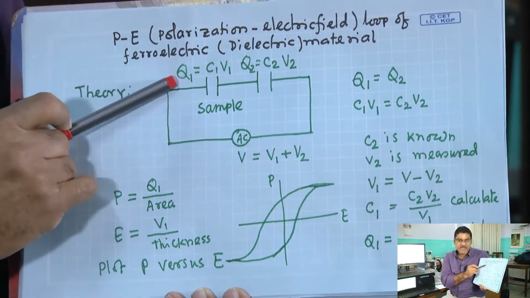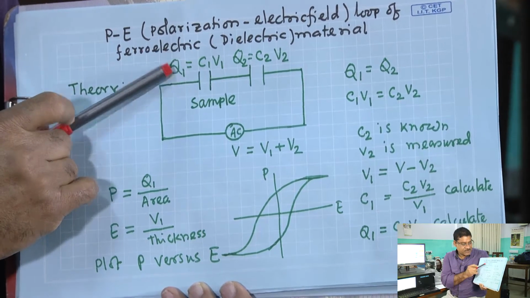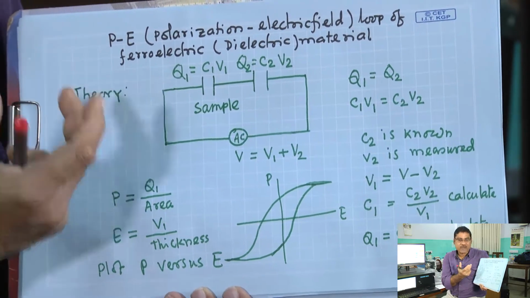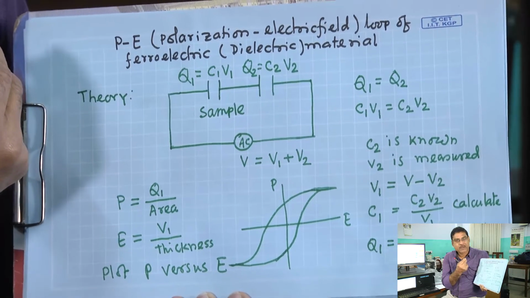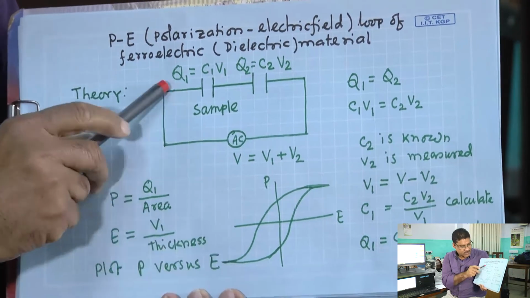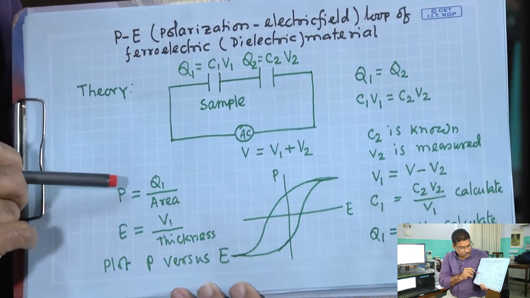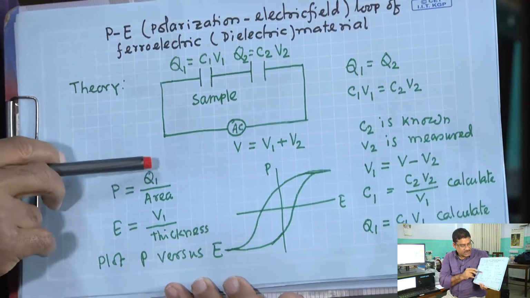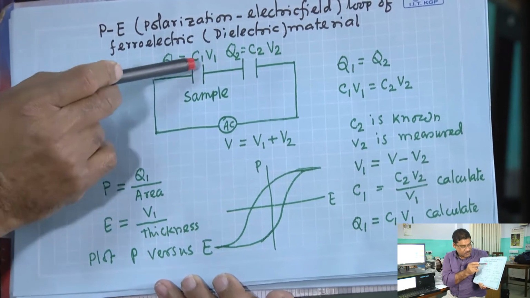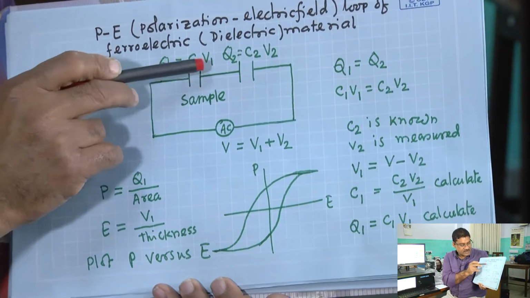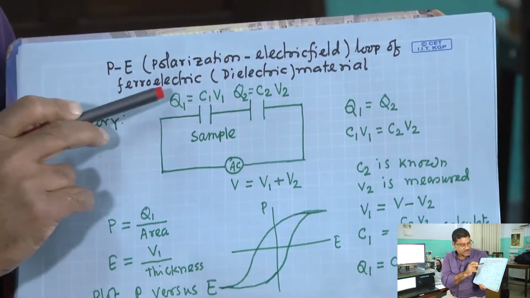So, P can be electric dipole per unit volume, or electric dipole per unit area. Here we have taken polarization equal to charge per unit area, because one side is plus charge and the other side is negative charge Q1.